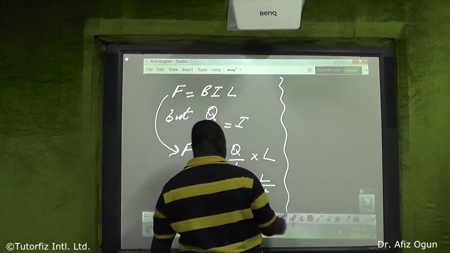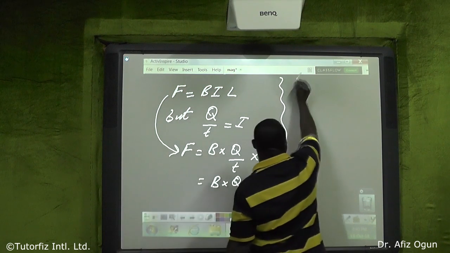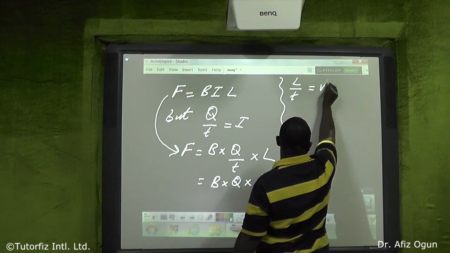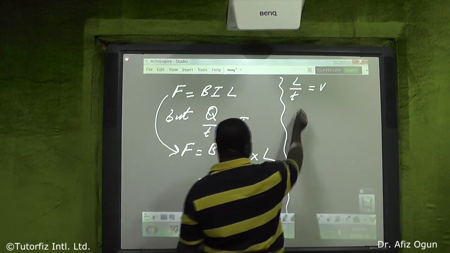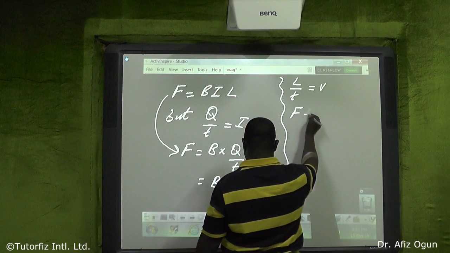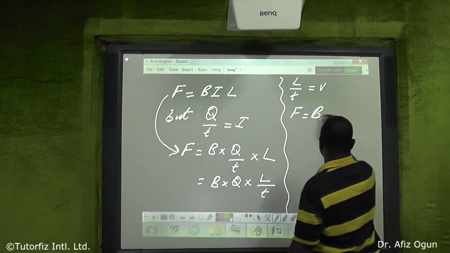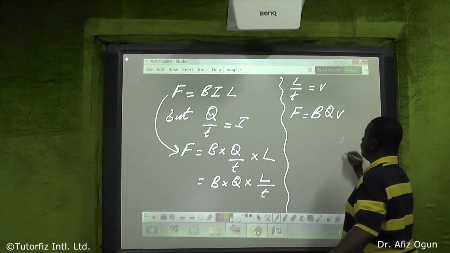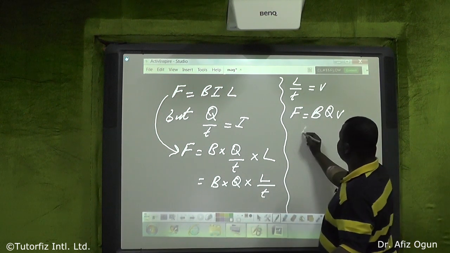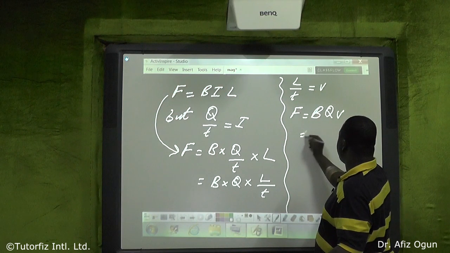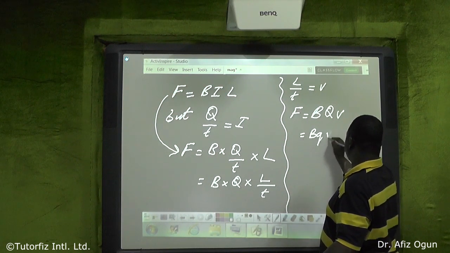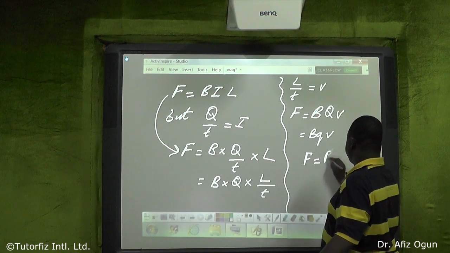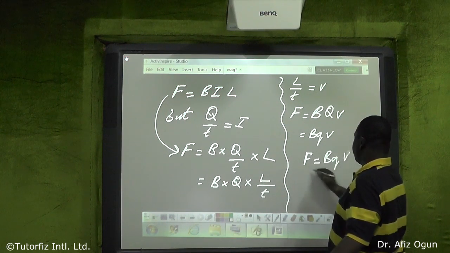Now, what do I have? L divided by T is like a distance over time, or displacement over time, which equals speed. So instead of writing this, I can as well write that F equals BQV. Some people will write it as small letter q. So F equals BQV.